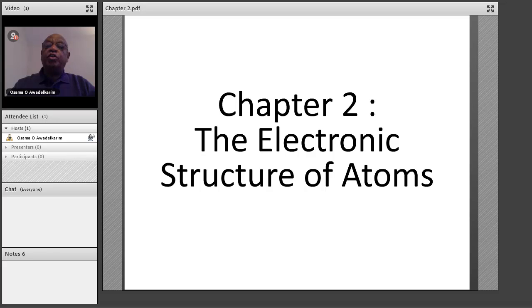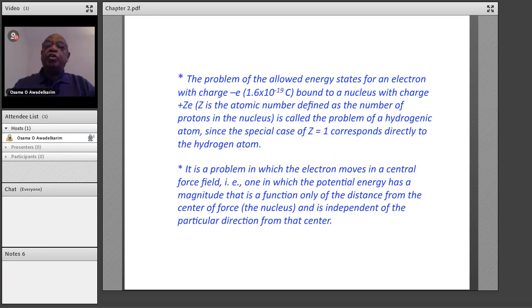Now, I'm going again to overview this quickly, and I'll leave you to go through all the derivations yourself. But in an atom, we have studied in chemistry that atoms have electrons.